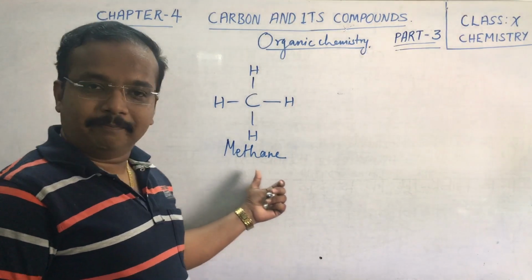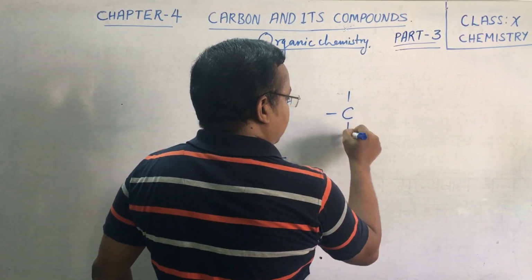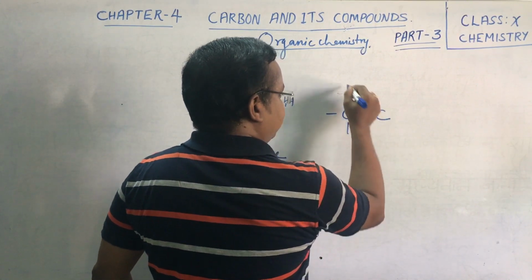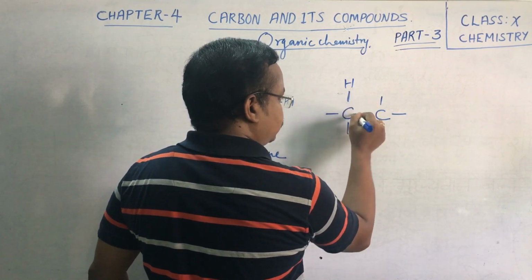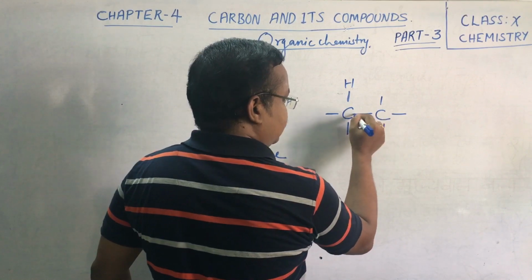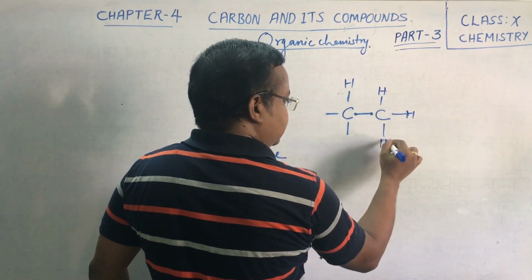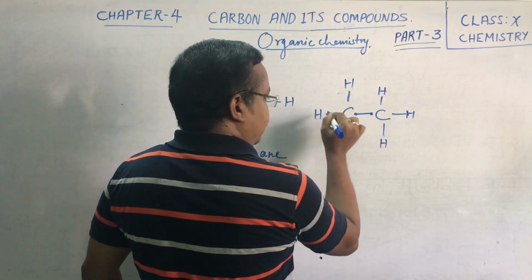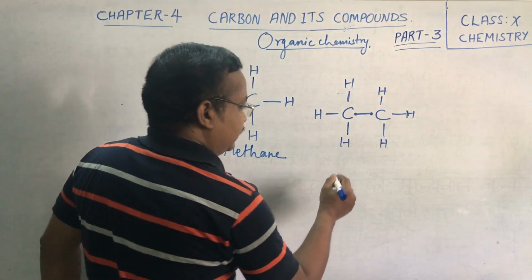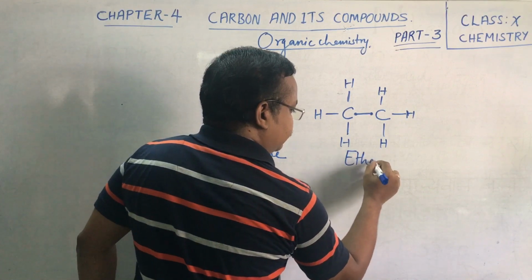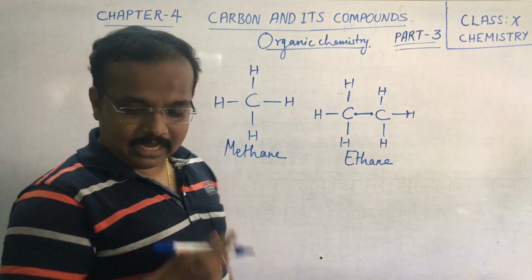And if a carbon atom joins to another carbon atom, with the 4 valencies, one is shared between the carbon atoms itself, and the other valencies are shared with hydrogen. This is our second hydrocarbon, called ethane.